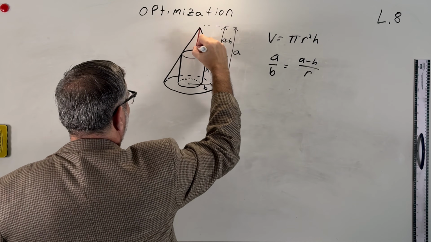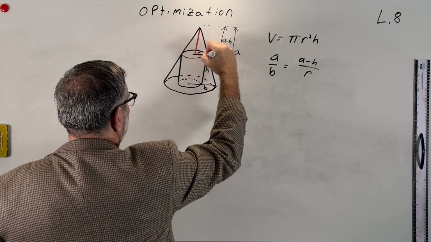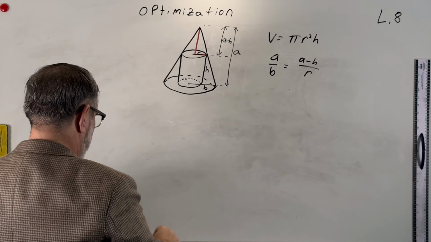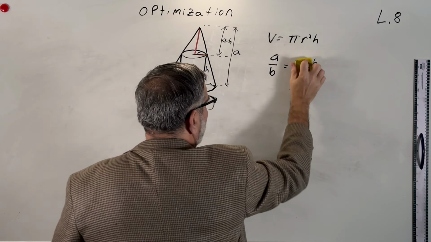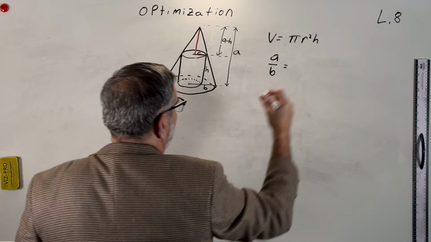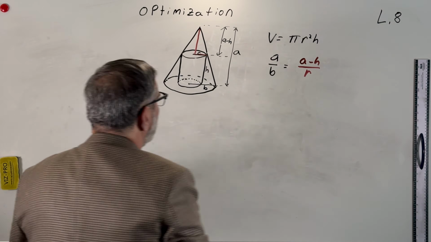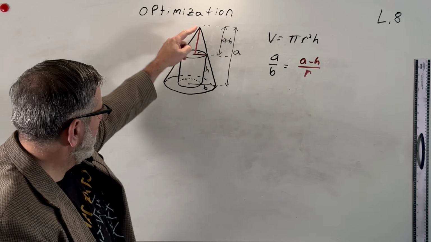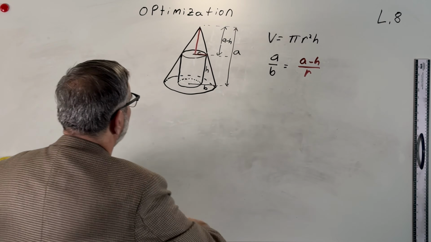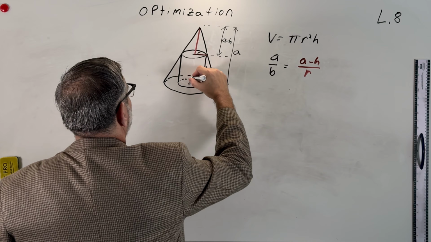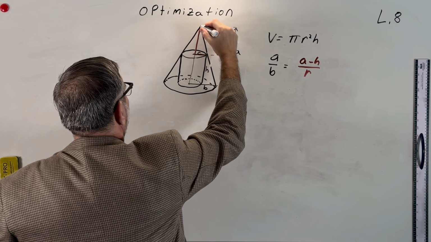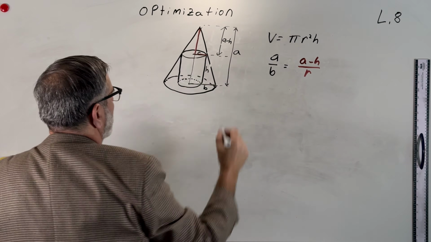The little triangle that we're talking about is right here. And so we could write this as a minus h over r, whereas a over b is the black triangle that you would draw going from here out to here. Yes?